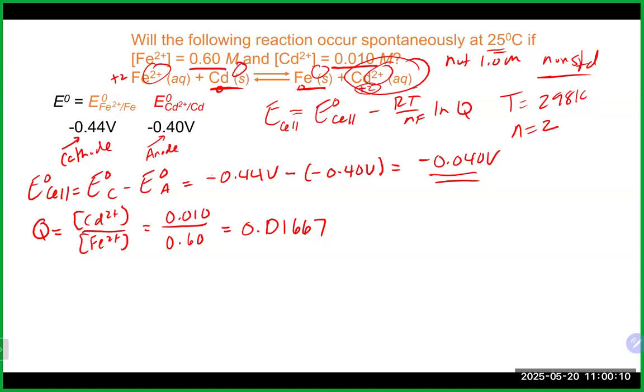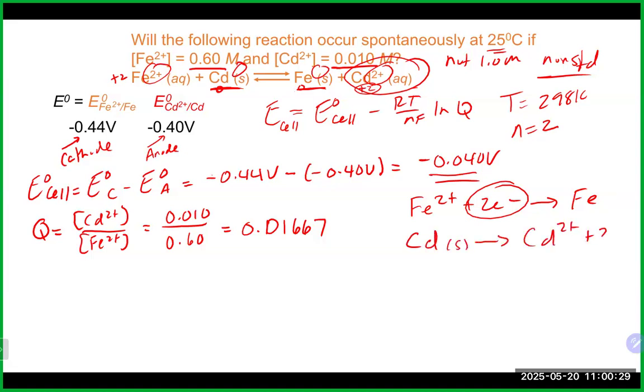So 2 is the number of electrons in this case. Basically our iron is taking 2 electrons to go that way. And our anode reaction actually would be something like this. And over there, right? So that is basically where our N comes from. I think that is everything we need.